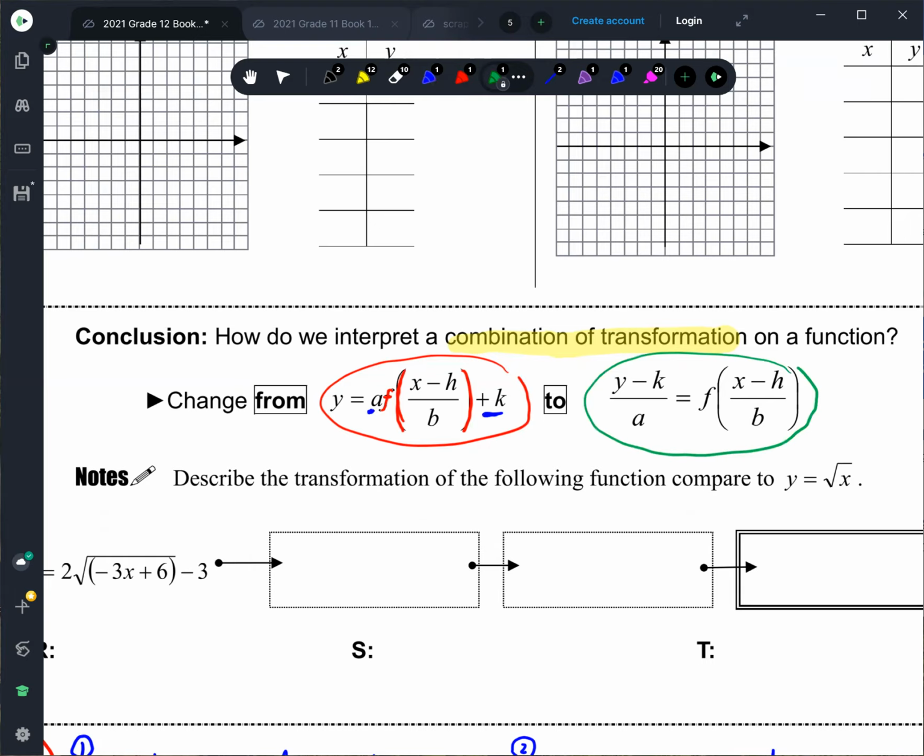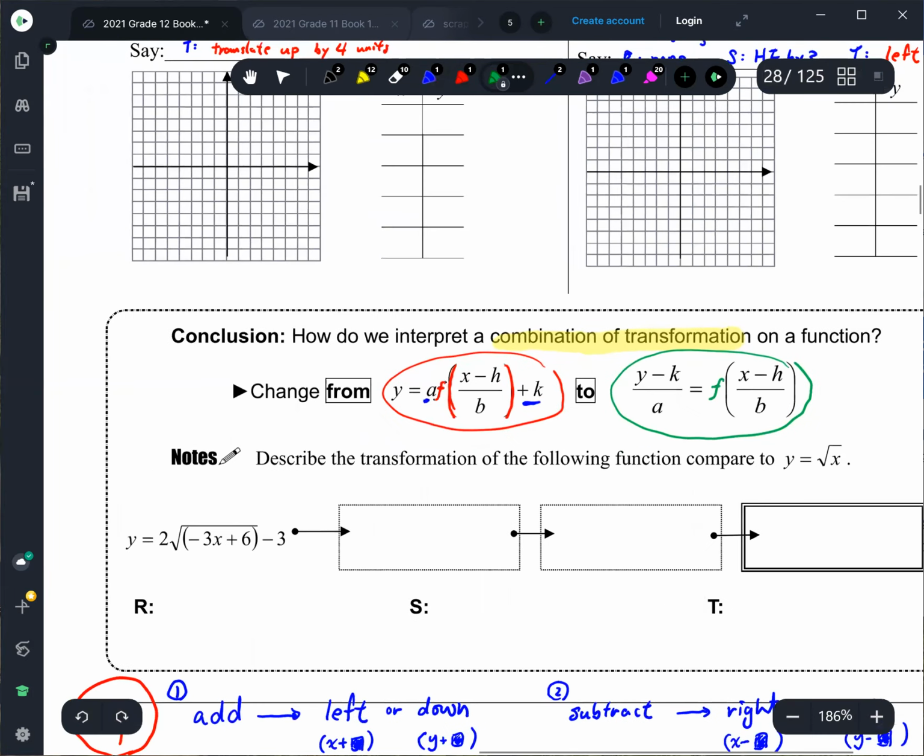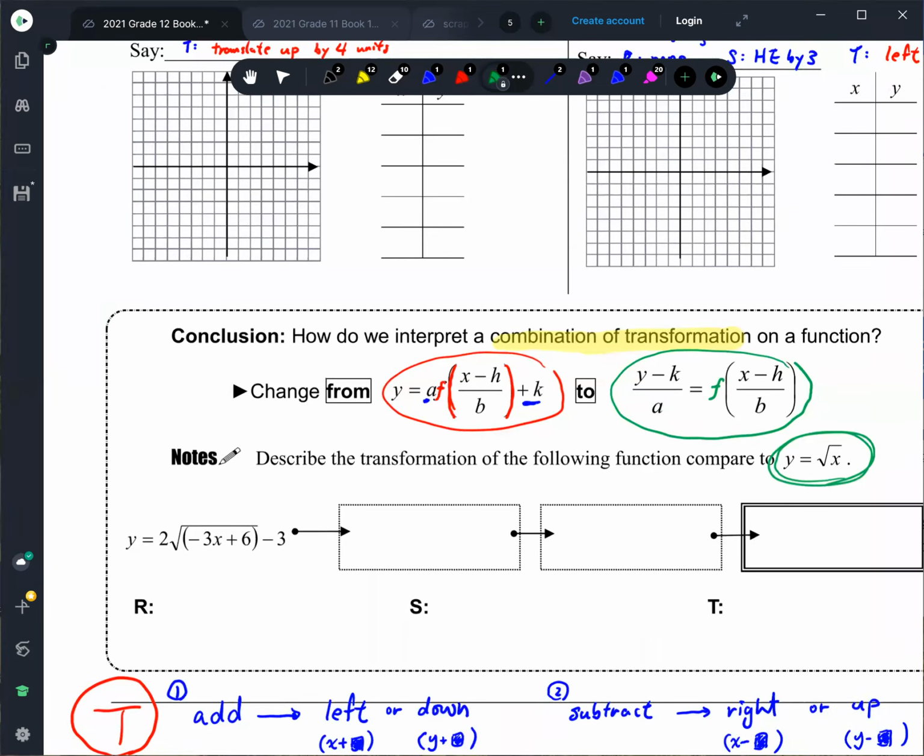So the F can be anything. It could be square root, square, absolute value, anything. Here we use one more example. We use the square root as our basic. So describe the transformation using the story form.